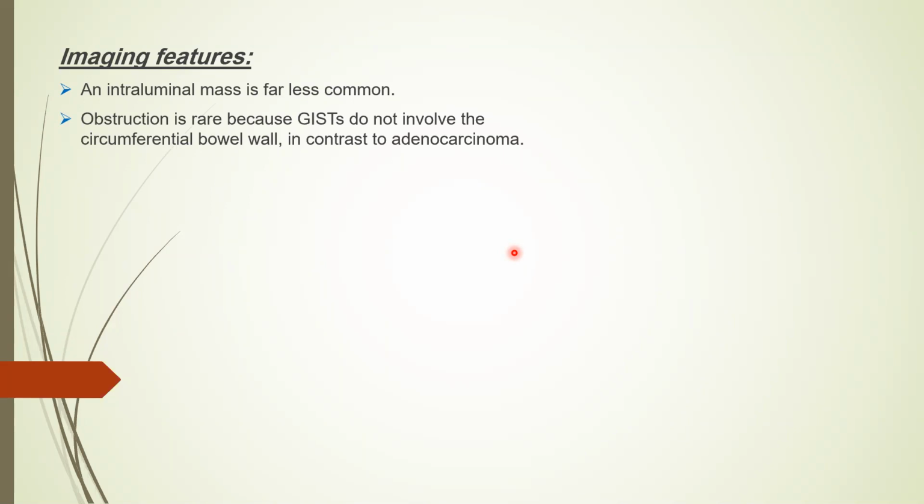Obstruction is rare because the tumor is not intraluminal; it grows extraluminally. Unlike carcinoid, where the primary lesion is more often small and sometimes difficult to detect, in GIST the primary tumor is large and easily seen.